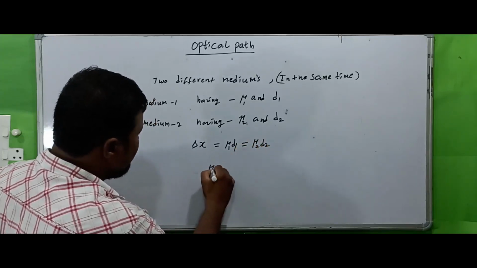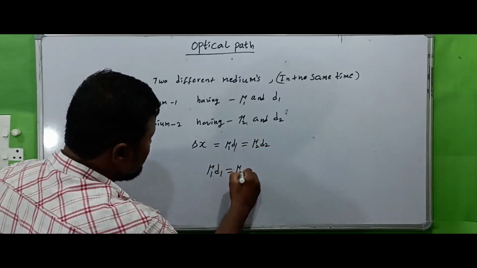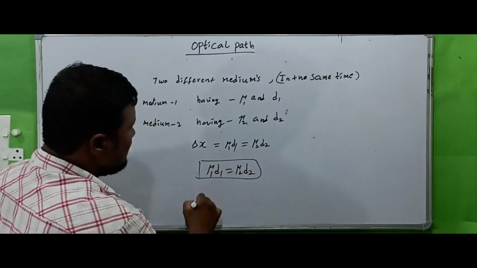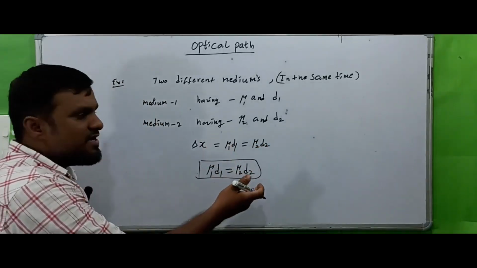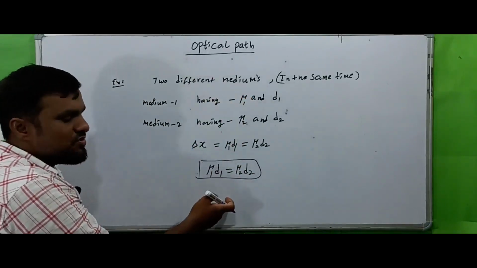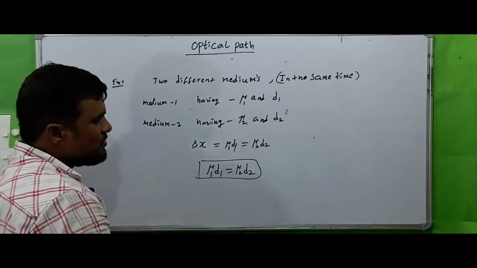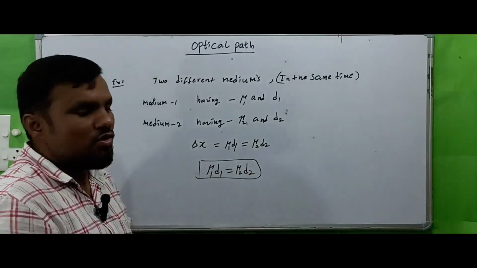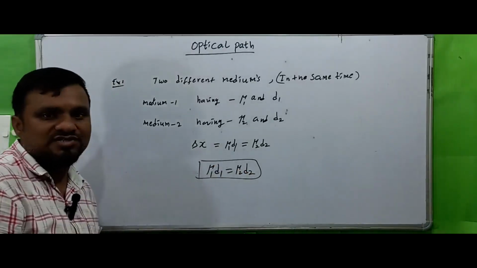We can compare mu1 d1 is equal to mu2 d2. Why? Because the light traveled in any medium as in vacuum, the time interval remains the same, so we can take mu1 d1 equal to mu2 d2. On the basis of this we will do one example.